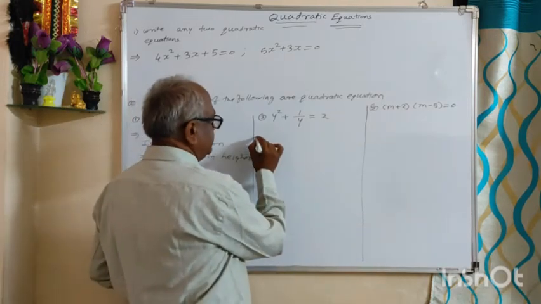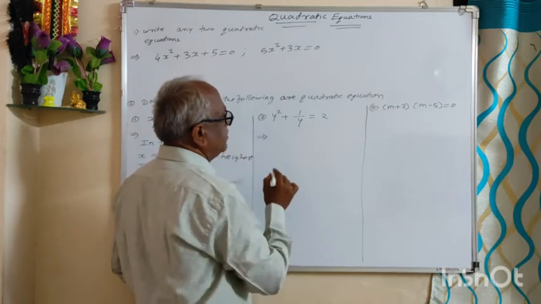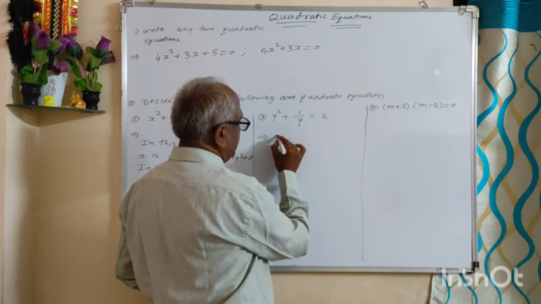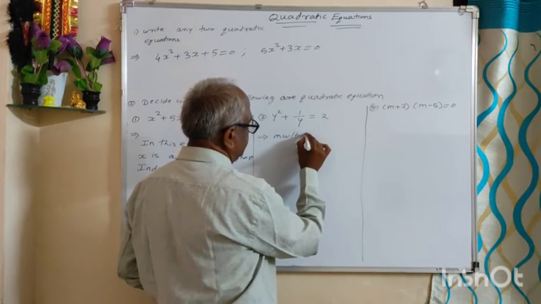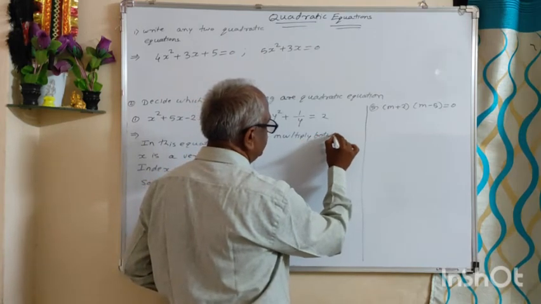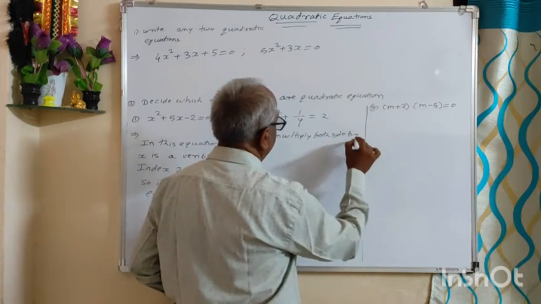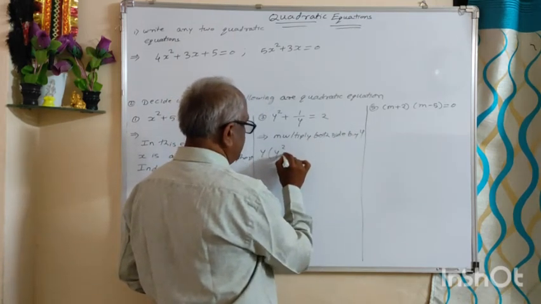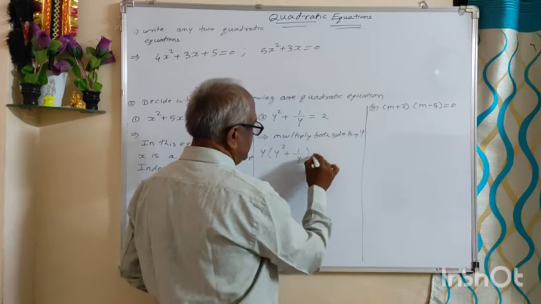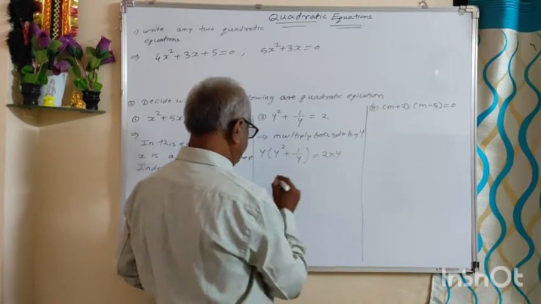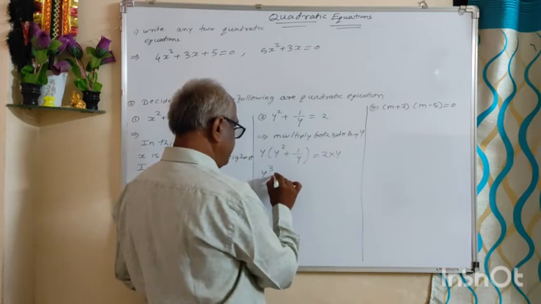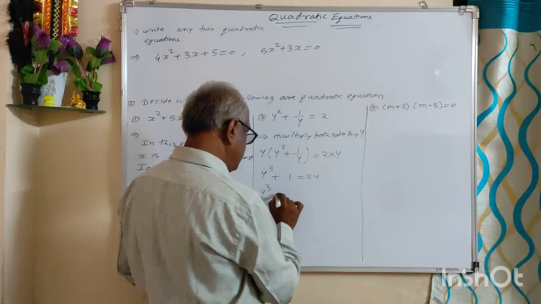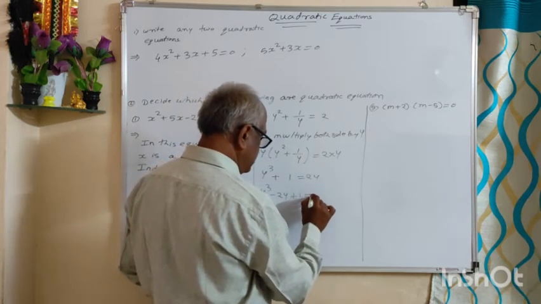Now here, write it in the general form first, that is multiply both sides by y, so it will become y in bracket y square plus 1 upon y is equal to 2 into y, that is y cube plus 1 is equal to 2y, that is y raised to 3 minus 2y plus 1 is equal to 0.